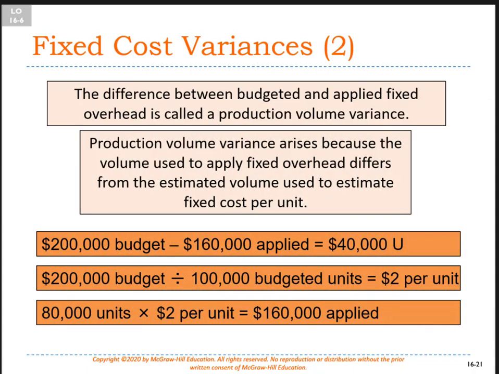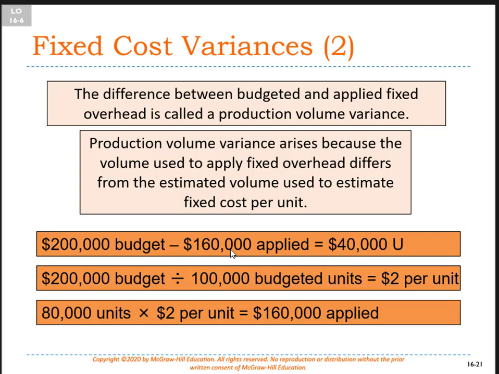Now, the volume variance, or production volume variance, only happens because we had a lot fewer units made than what we planned. So our budget was $200,000. We already knew that. And what happened is, as we went about our business, we applied 160.